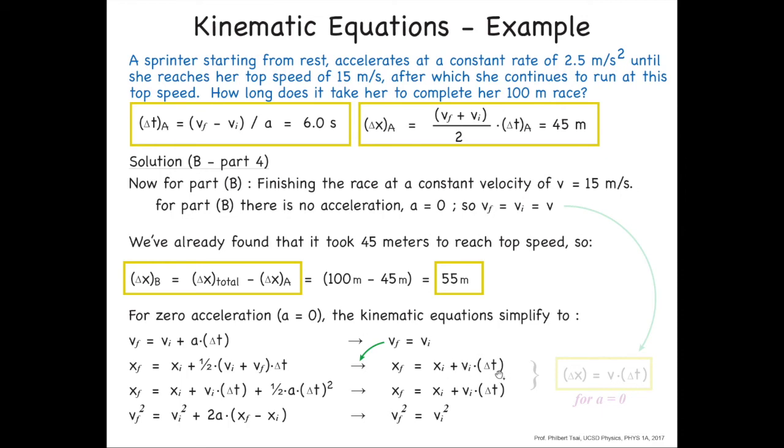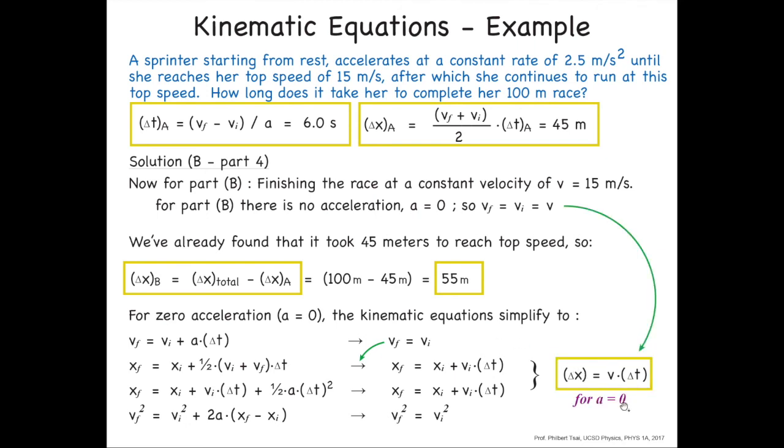So for this second leg of the race, we have final position is initial position plus velocity times time. That's also what we get with this third equation, XF is equal to XI plus V delta T, and this term drops out because there's an A here that we're setting to 0 because we know we don't accelerate. These, you notice, are exactly the same equation.